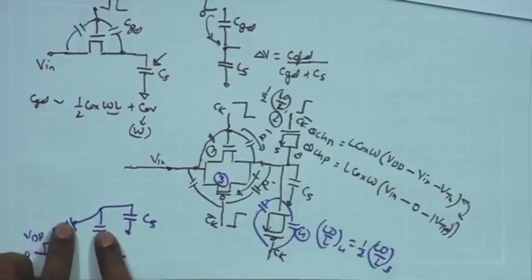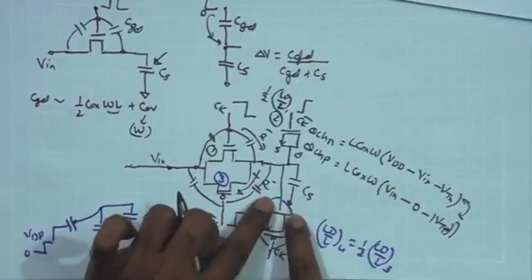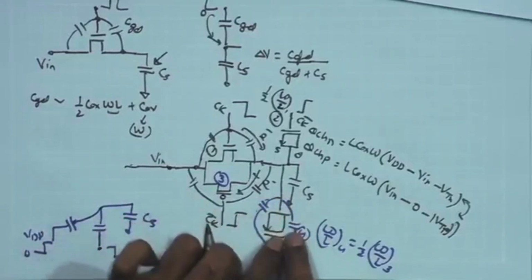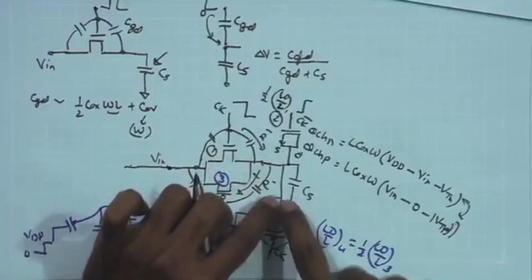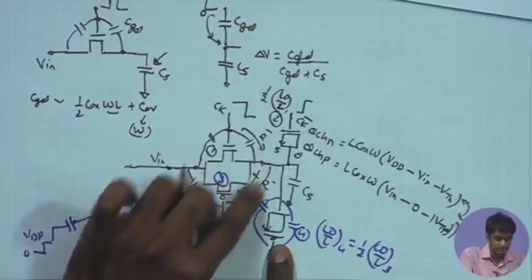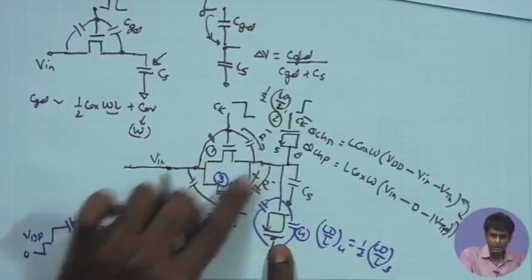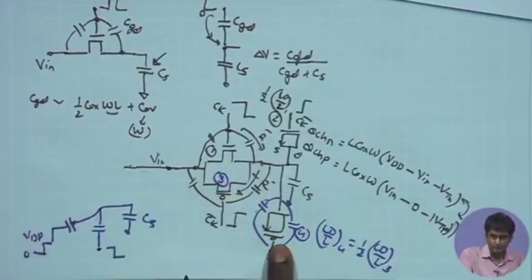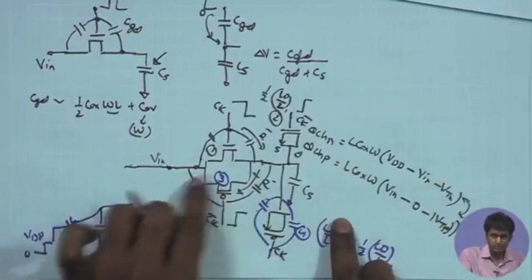So, these two will be almost similar because the W by L of this one is half of this one. So, the CGD and CGS combined for this MOSFET is going to be same as the CGD of this MOSFET, assuming that in the triode region both are almost similar.